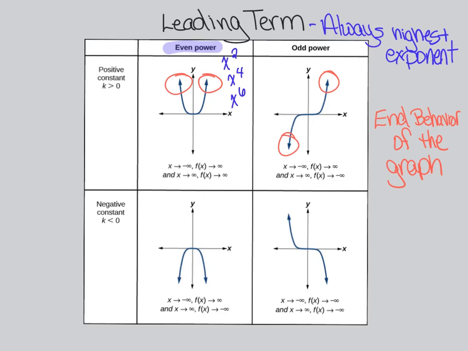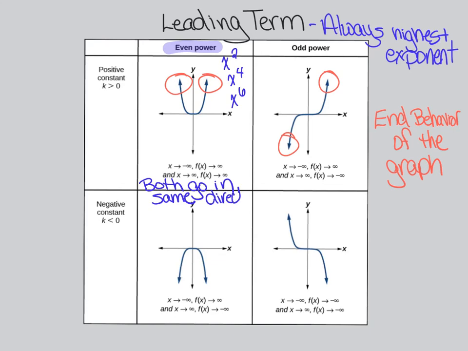If I have something that is squared, the end behavior of my parabola is either both going to go up or both are going to do what? Go down. So an even power doesn't have to be a quadratic, but think about how a quadratic works. And the same is true for all even powers. Your end behavior, both go in the same direction. It could be up or it could be down.